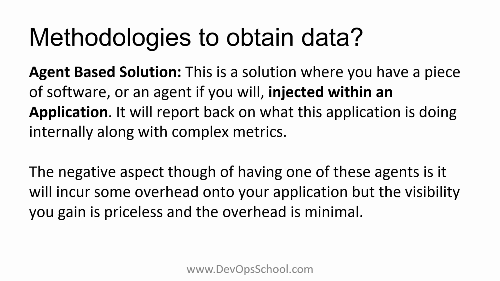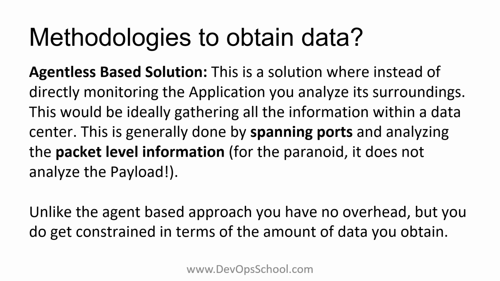So that's what I'm saying here. This agent-based solution is a solution where you have a piece of software, or an agent if you will, injected within an application. Mind it. So this is agent based, and agentless means for applications you have an IP address and port number or DNS entry, whatever it is, and then you are spanning on the port number to see the response time.